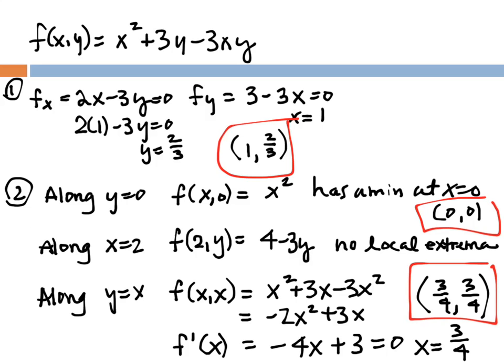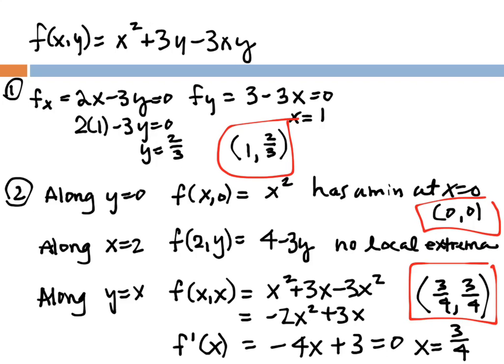I had 0, 0. I had 2, 0. I have 2, 2. We had 1 2/3. And the other one, 3/4, 3/4. You can do these by hand, or with the store feature that I was showing before, into your function.